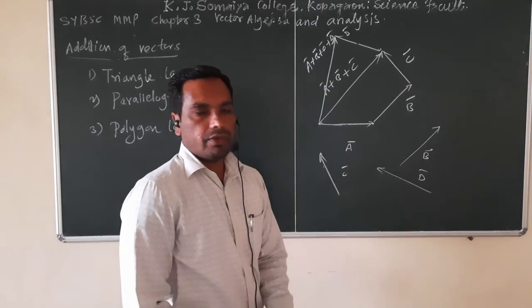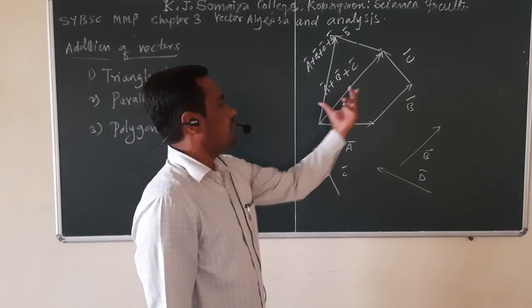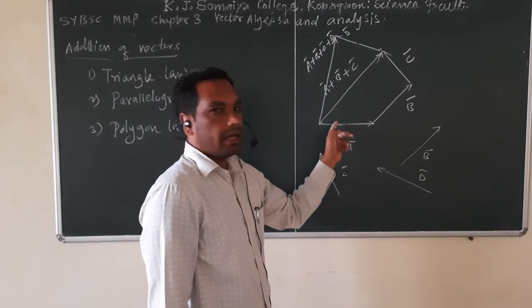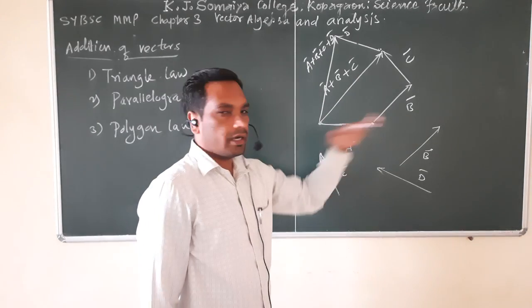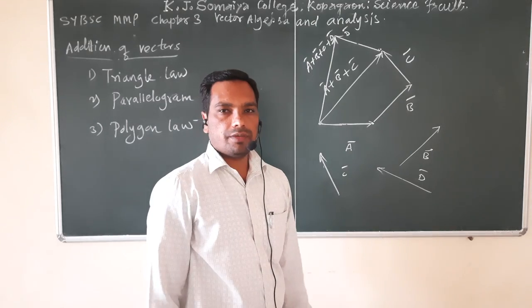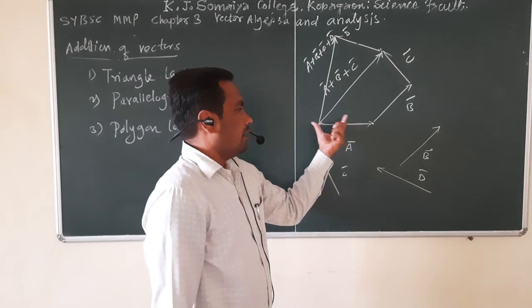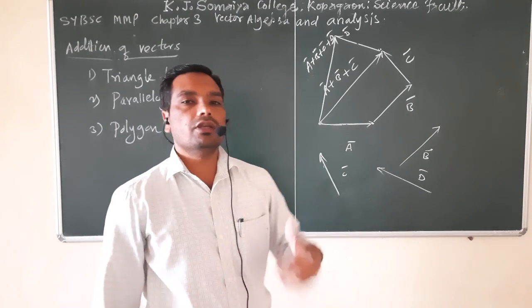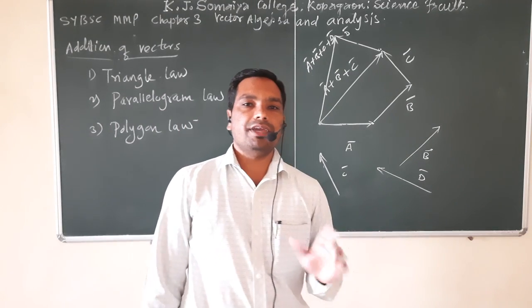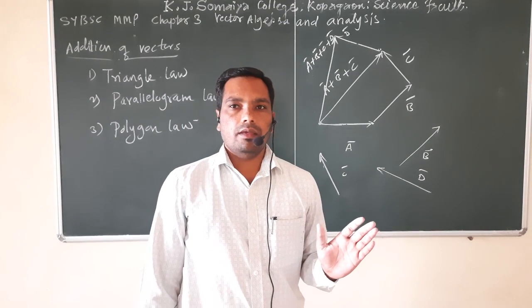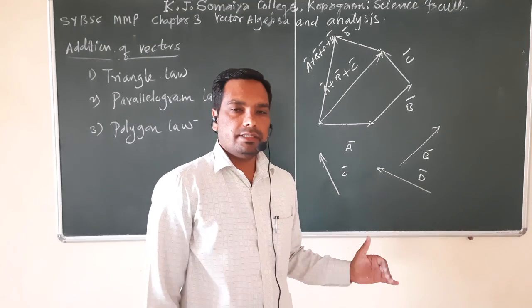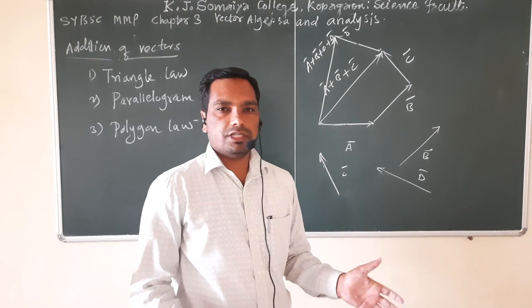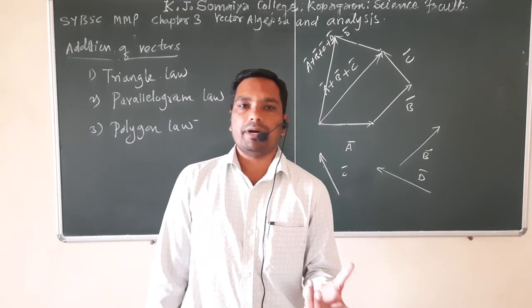In this way, we can know how far away we are and in what direction from our starting position. So vector addition laws can be used for navigational purposes. In deep seas, there is no such direction. We can have only a compass.